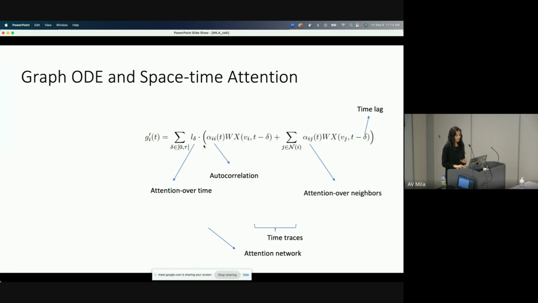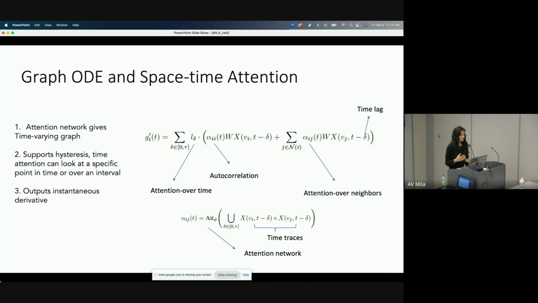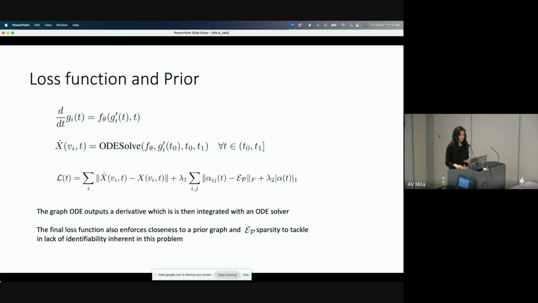Also, we allow there to be time-based autocorrelation to build up transcript. And we can also build it up over a period of time to support hysteresis. So this attention network, effectively, if you read it out, gives us a time-varying graph that supports biophysical effects like lags between gene interaction and buildup of transcripts.